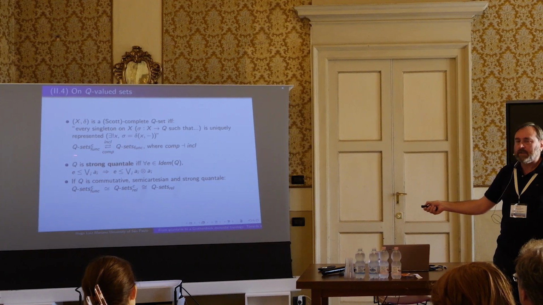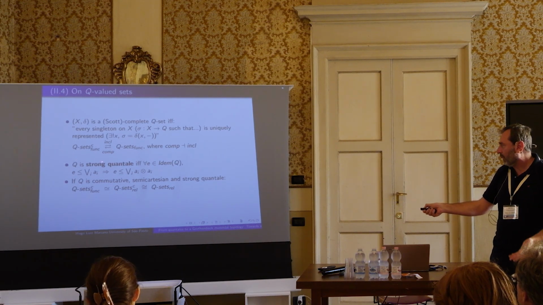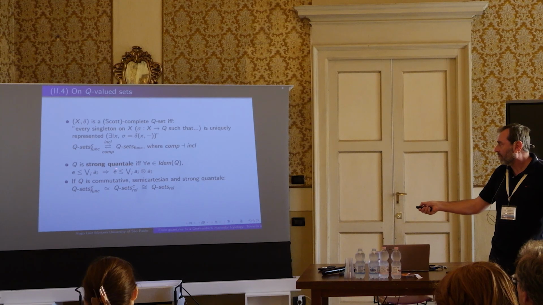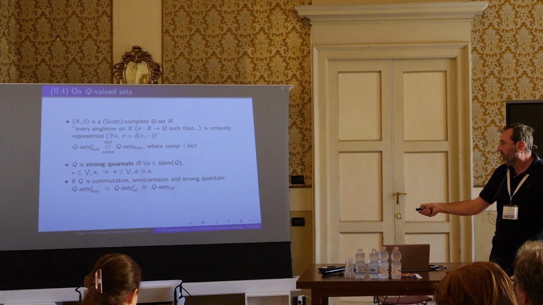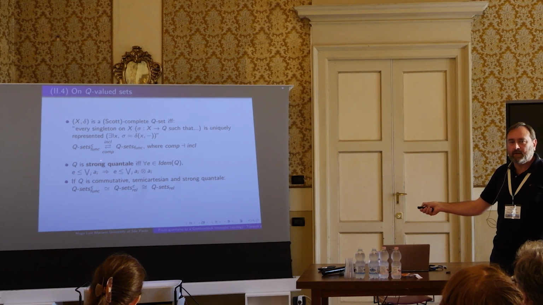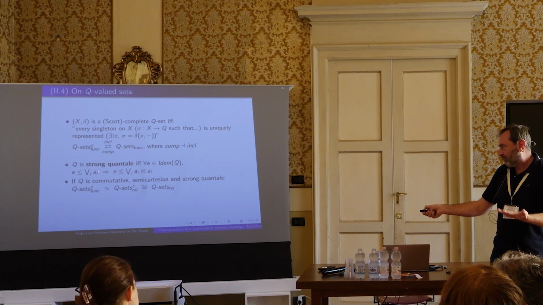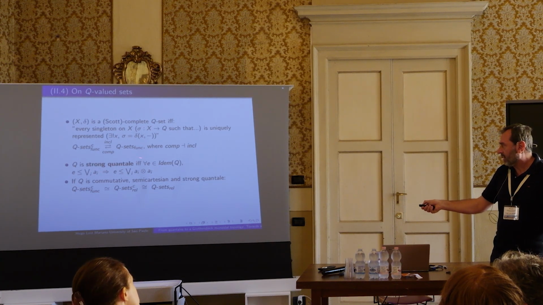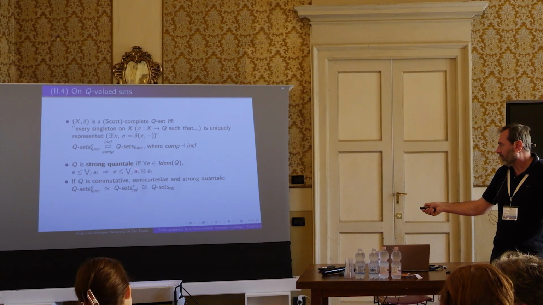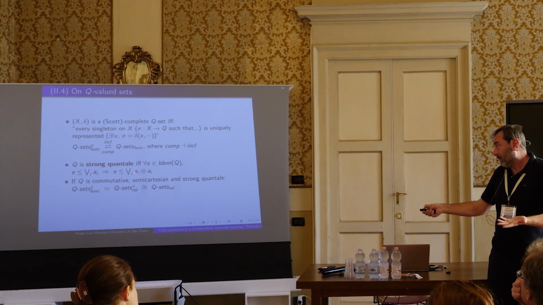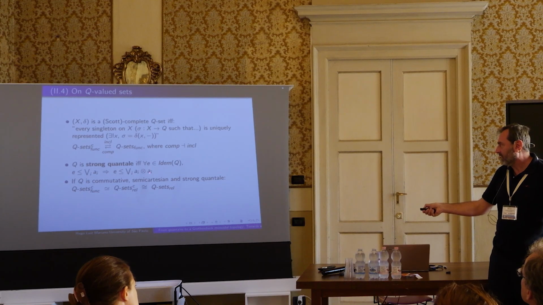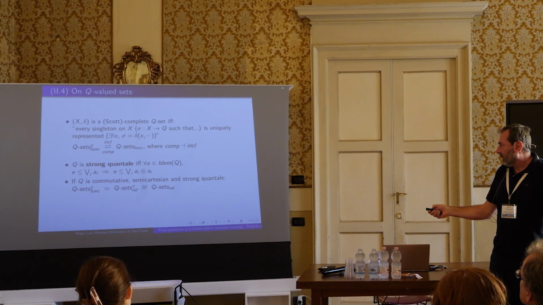And if the quantale satisfies another property that is called strong, we found this in a paper of Ulrich Höhle. Every locale satisfies this, and also the Lawvere quantale obviously satisfies this.